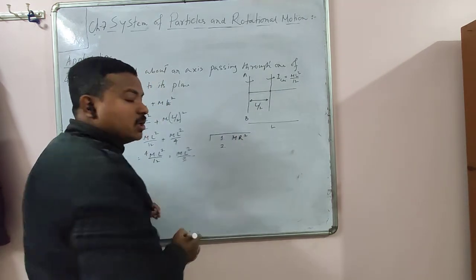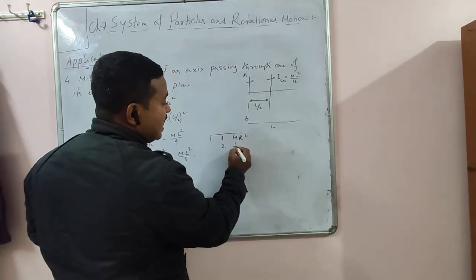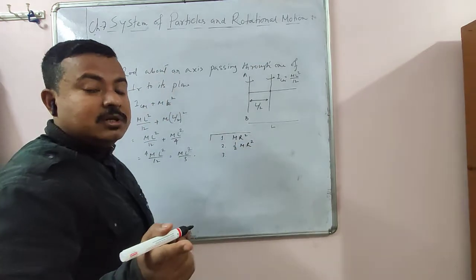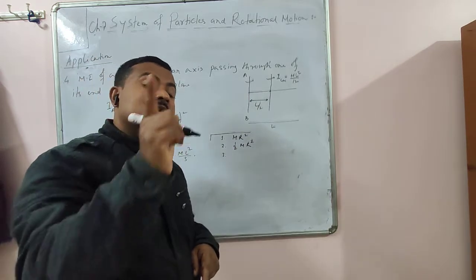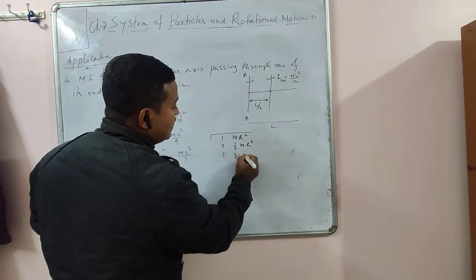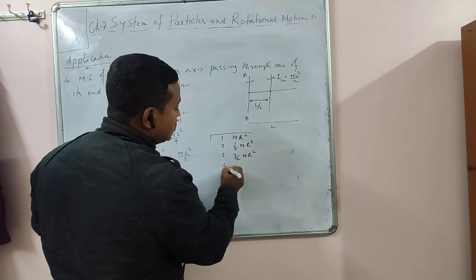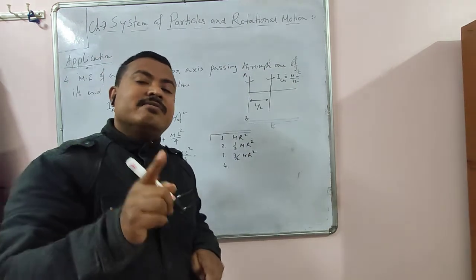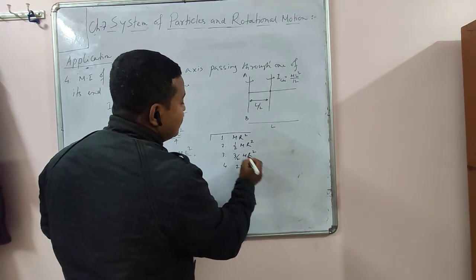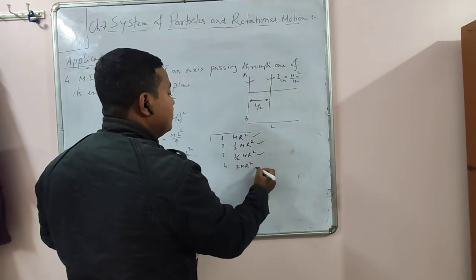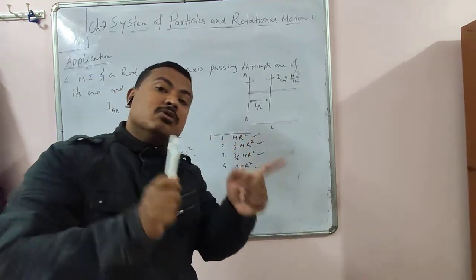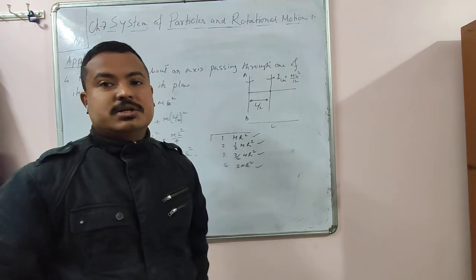Then moment of inertia of ring about diameter is half MR square. Then about an axis tangential to circumference and parallel to diameter, that is 3 by 2 MR square. And moment of inertia of ring tangential to circumference and normal to its plane, that is 2MR square. So you see, moment of inertia is different about different axes. So you have to remember the moment of inertia along with the axis of rotation.